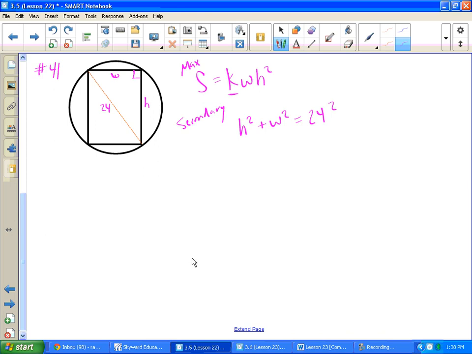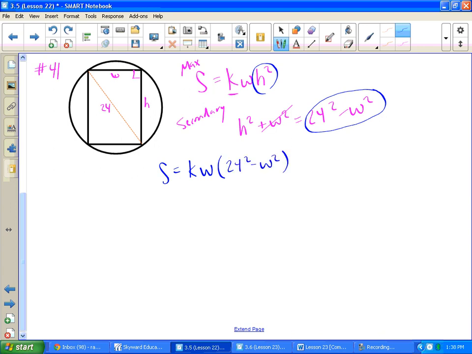Can we just move the w squared over? I'm just going to leave the h squared alone and subtract the w squared over. And then can I put this stuff in for h squared rather than solving for h? So my strength is going to be k w times 24 squared minus w squared.